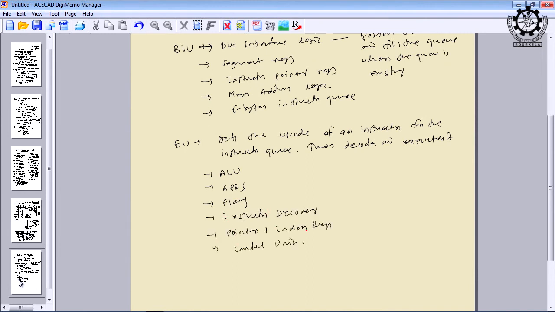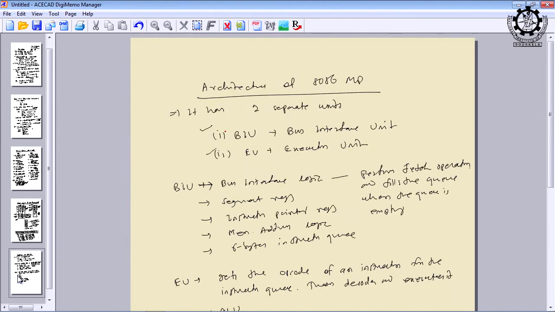So, next is the architecture of 8086 microprocessor. This architecture of 8086 microprocessor has two parts, one is called bus interface unit, another is called execution unit. Okay. So, under the bus interface unit, we have the bus interface logic, we have segment registers, that 4 segment registers CS, ES, SS and DS that we have discussed just now, and instruction pointer registers.